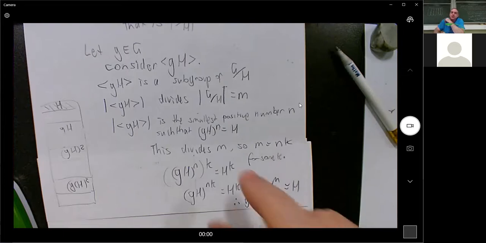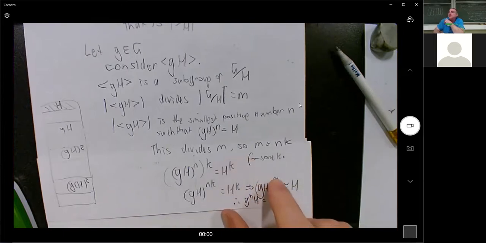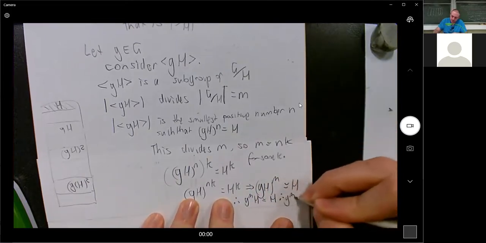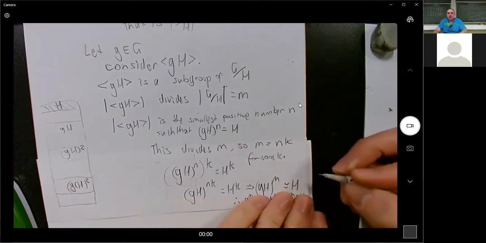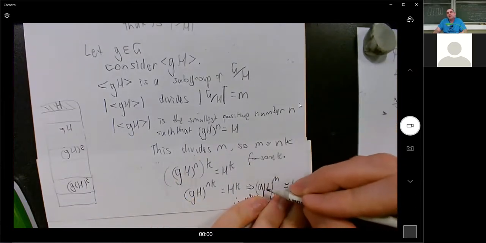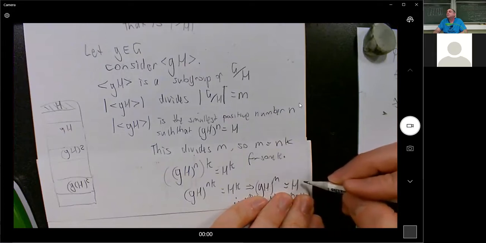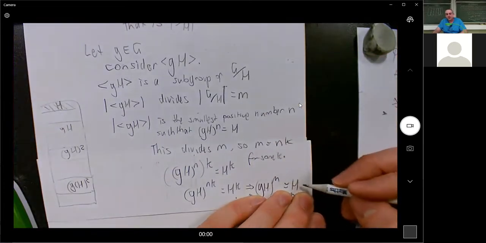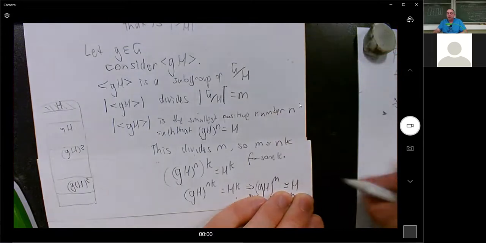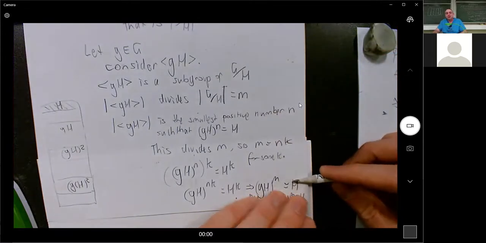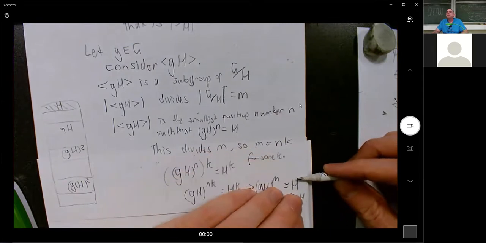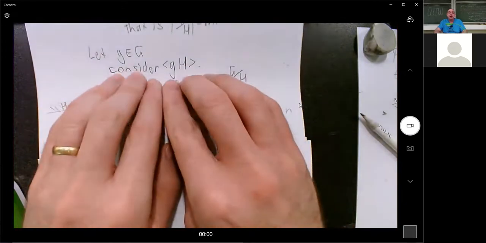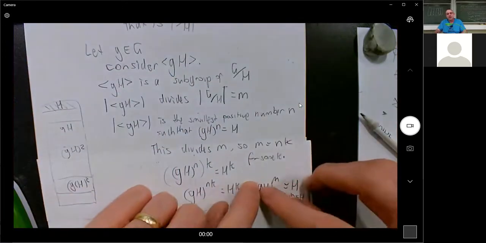I would like to show that the coset gH to the power of m is the same as H, which means I need to show a power of this element is the identity, because H is the identity of G factor H. And to show a power of an element is the identity, I need to show that the order of that element divides m. So that's what I was thinking. So I'm going back to here. I need to show that gH to the m is H.